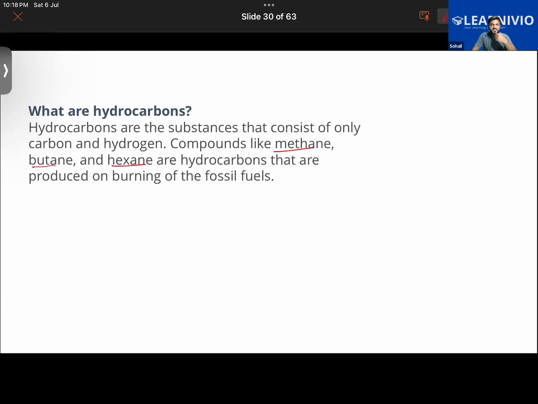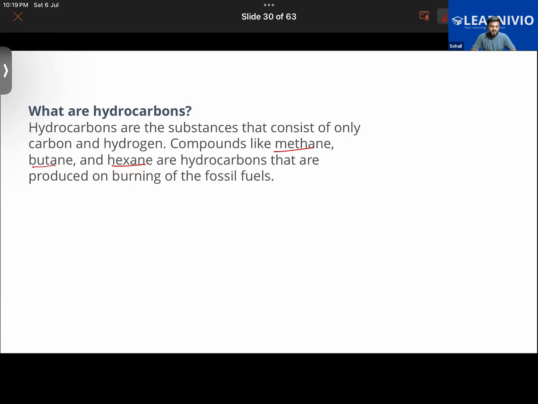The reason we are studying this is that whenever fossil fuels are burnt, whenever coal is burned, whenever petrol or some other fossil fuel like natural gas is burned, it will release hydrocarbons. So on burning of fossil fuels, compounds like methane, butane, and hexane, which are hydrocarbons, are produced.